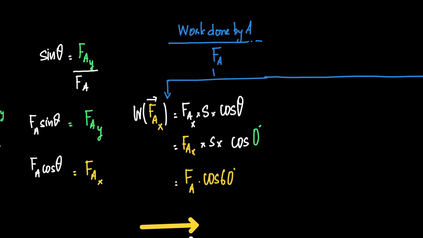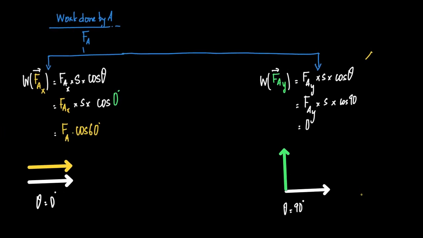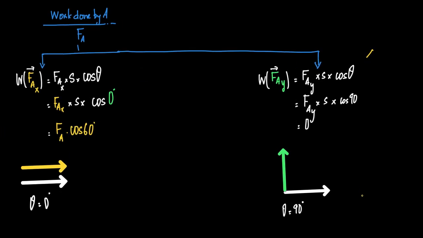Now see, now comes the concept. When you consider work done by A, you have to consider work done by both of its components, which is work done by Fax and work done by Fay. What is work done by the vector Fax? It is equal to the magnitude of Fax into displacement into cos theta.